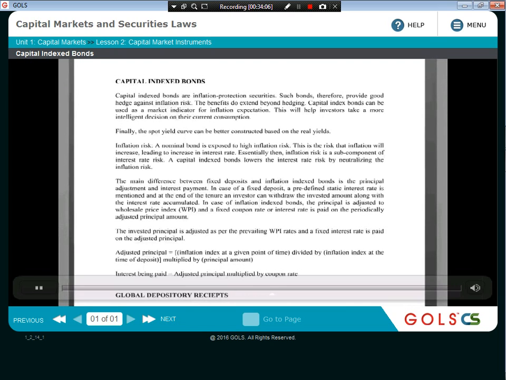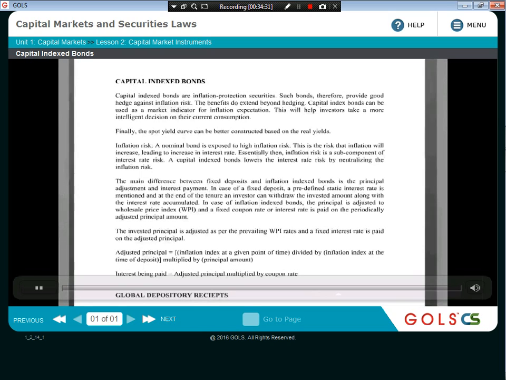And the coupon rate, which is basically interest rate, is calculated on the adjusted principal. Adjusted means whatever is the recomputation of the principal that is done. So by that, it will negate the effect of any inflation rise. So if your inflation increases 2%, your principal will be increased to that extent. And of course, your interest will also increase because it is on the adjusted principal.